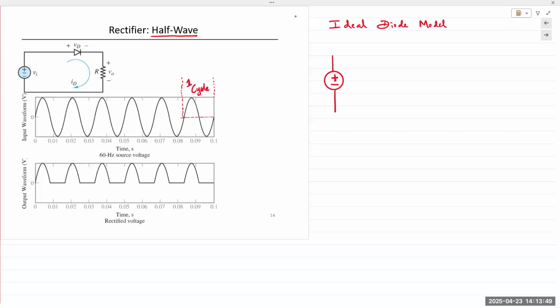The top terminal is plus, bottom terminal is minus. Diode anode is connected to the positive terminal, hence the diode is forward bias. We replace it with a short circuit. So diode D1 is on.